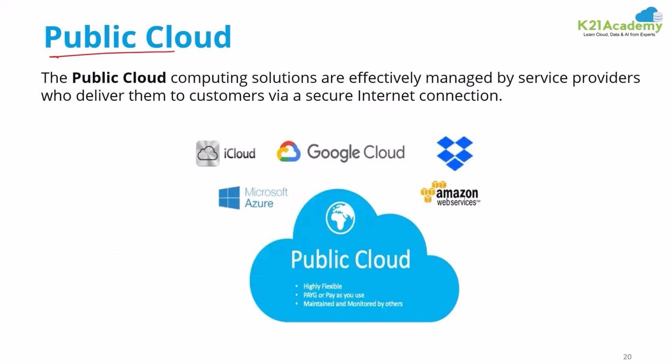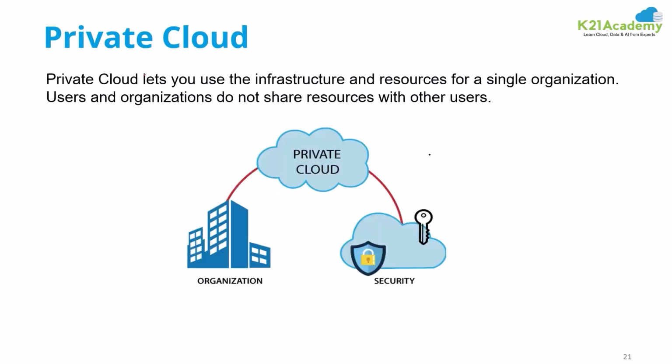What is the concept of public cloud? Public cloud computing solutions are available over the internet to any number of customers via the service providers. Private cloud lets the infrastructure and resources be used by a single organization itself.